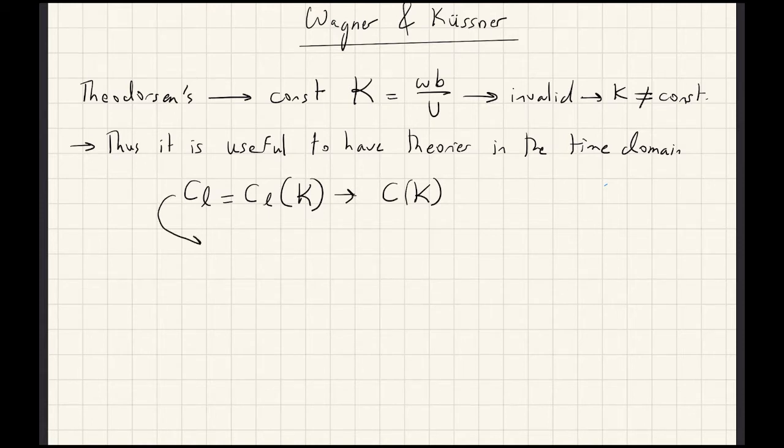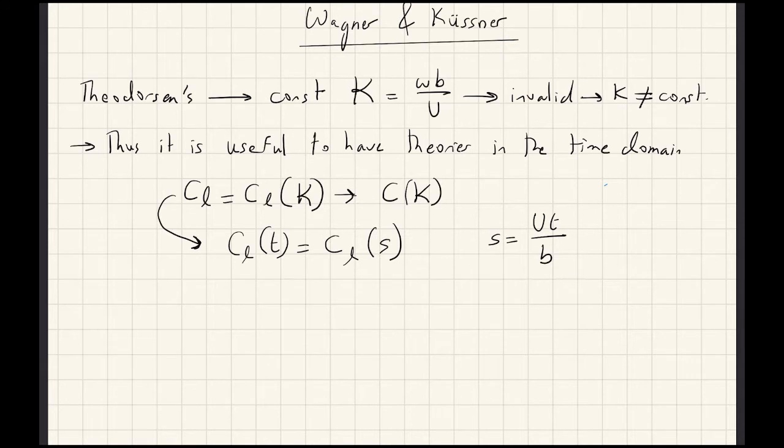We would like to have theories where CL is a function of time or a function of reduced time instead, where s here is basically the distance traveled by the wing divided by half the chord length.